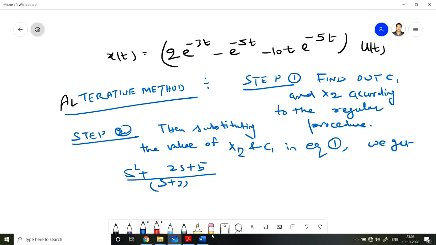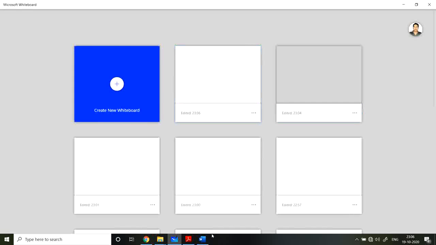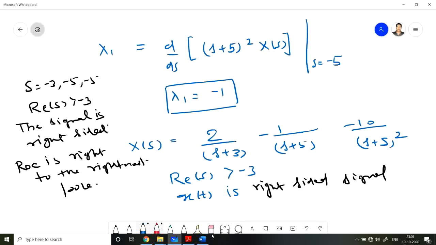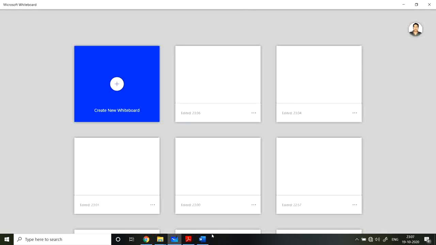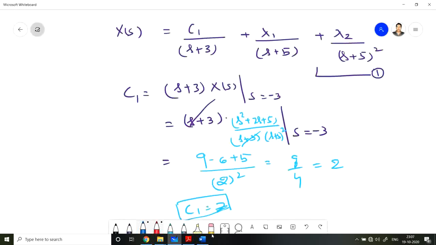So what is equation 1? Please check this. Basically we have to go to this slide. Okay, yes, this is equation 1. So what we are doing, we have found C1 and lambda 2, and we have used this C1 and lambda 2 in this equation number 1.